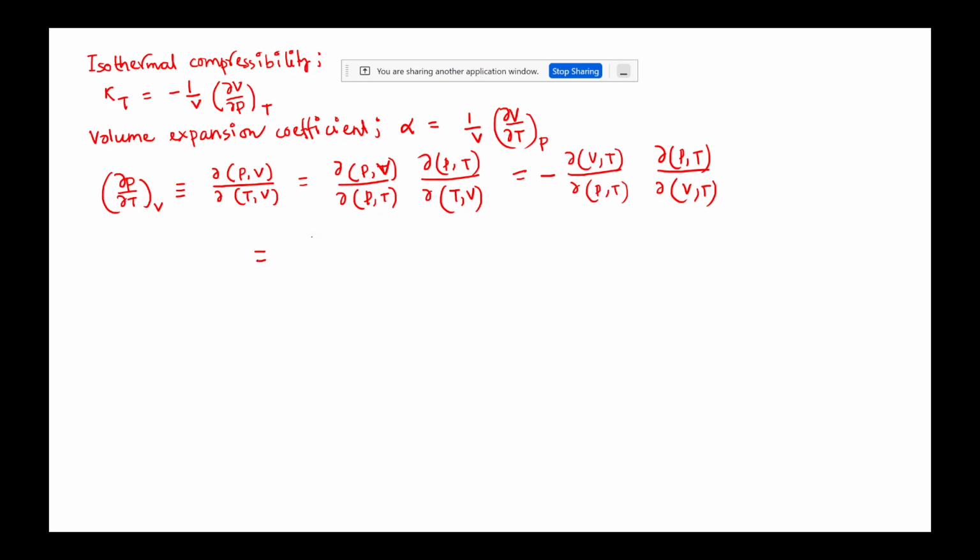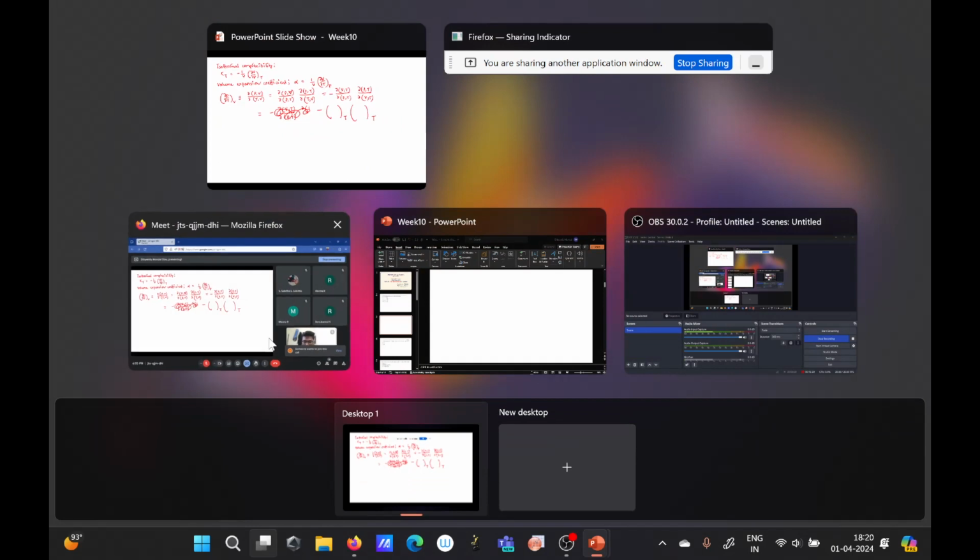And after writing, this will be minus del V T divided by del P T times del. So let me write it in terms of, so this T is fixed, so there will be T constant, there is T also fixed, this will be T constant.